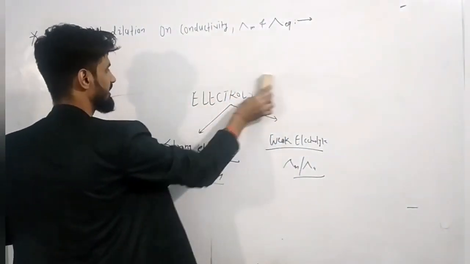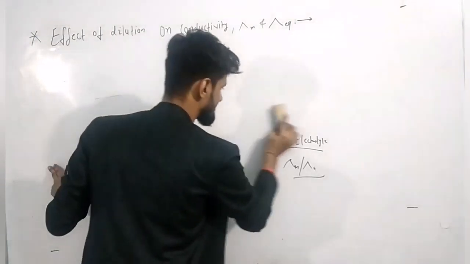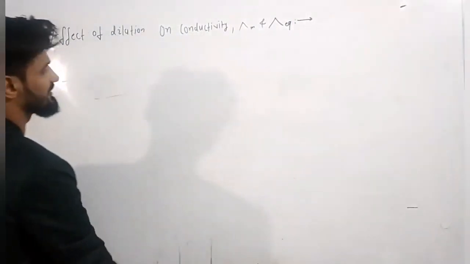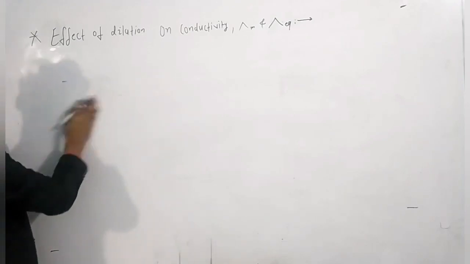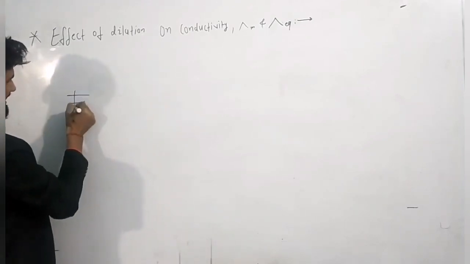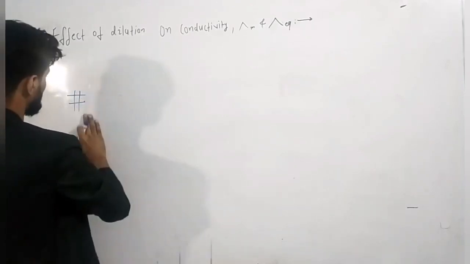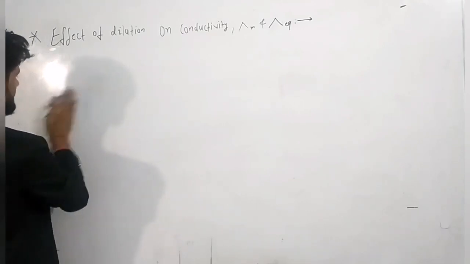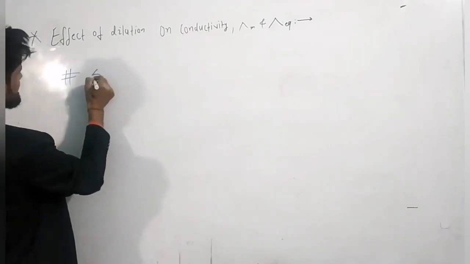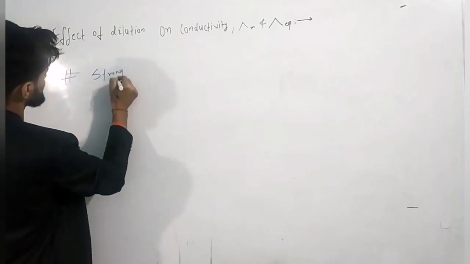I think up to this point it is clear. I am not going to discuss the definition of an electrolyte, but I am recapitulating the definition of a strong electrolyte.